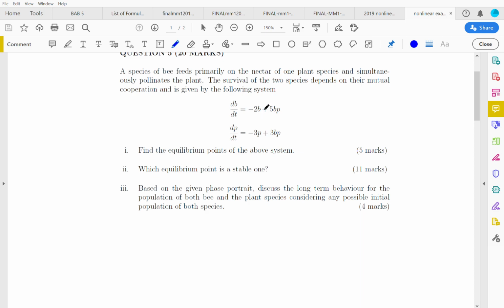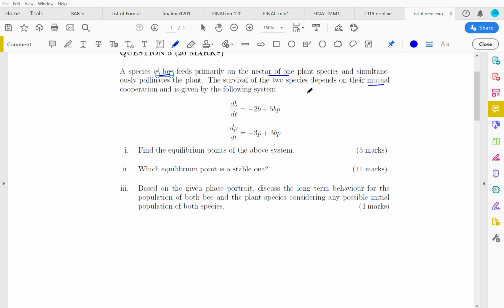Okay, and we have positive due to the interaction between the two species, which leads to the increase of each population. Okay, an example is a bee and the nectar of a plant. This is the case where there is mutual cooperation between the two species.